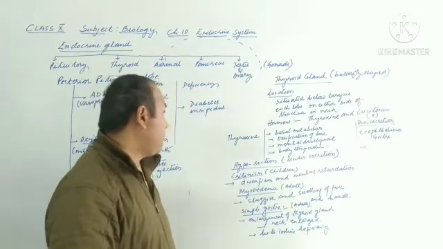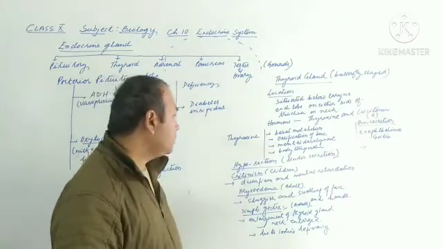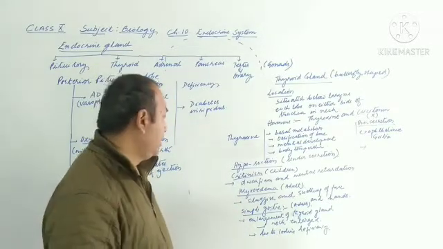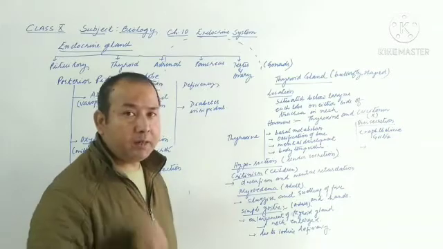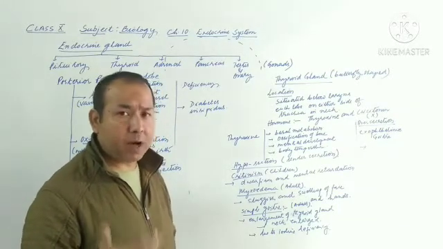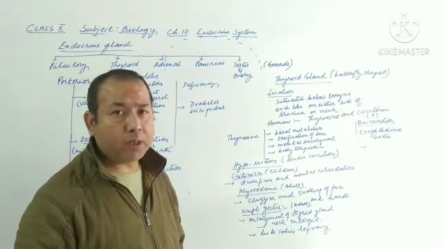Now here, hyposecretion of this thyroxine hormone causes cretinism in children. In adults, it causes myxoedema and then simple goiter.